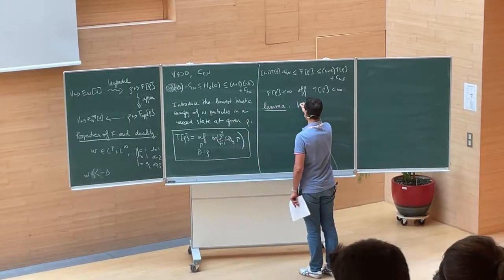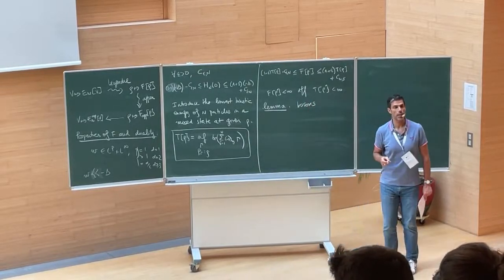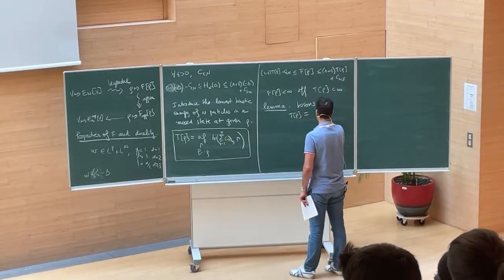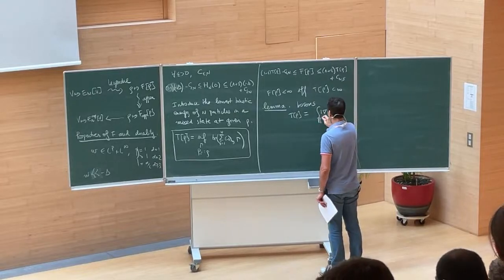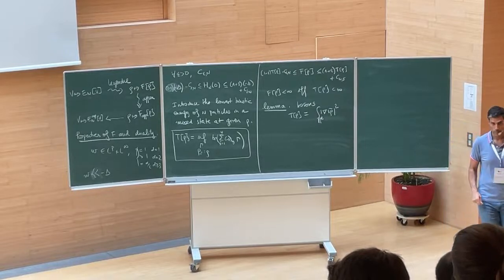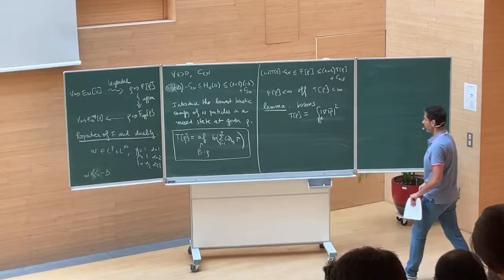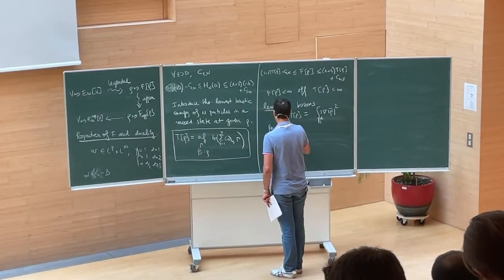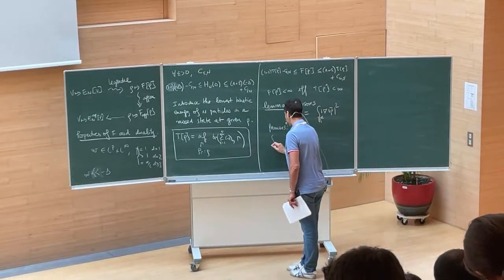So first, for bosons, it's very easy because we know T exactly. T of rho is equal to the kinetic energy of square root rho. So it's finite if and only if square root rho is in H1. And for fermions, this is not true anymore, but there is a lower bound.